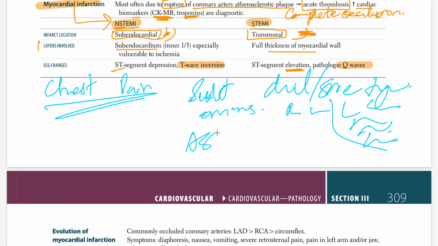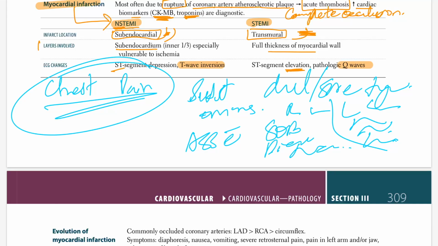On top of that, this pain will be associated with shortness of breath, diaphoresis, and nausea. So this is the classic chest pain for MI. And that is all for MI.